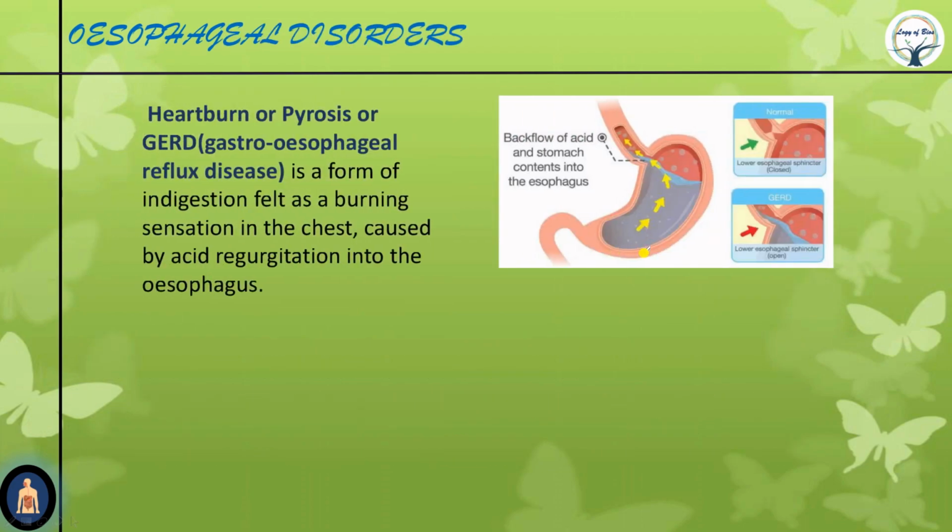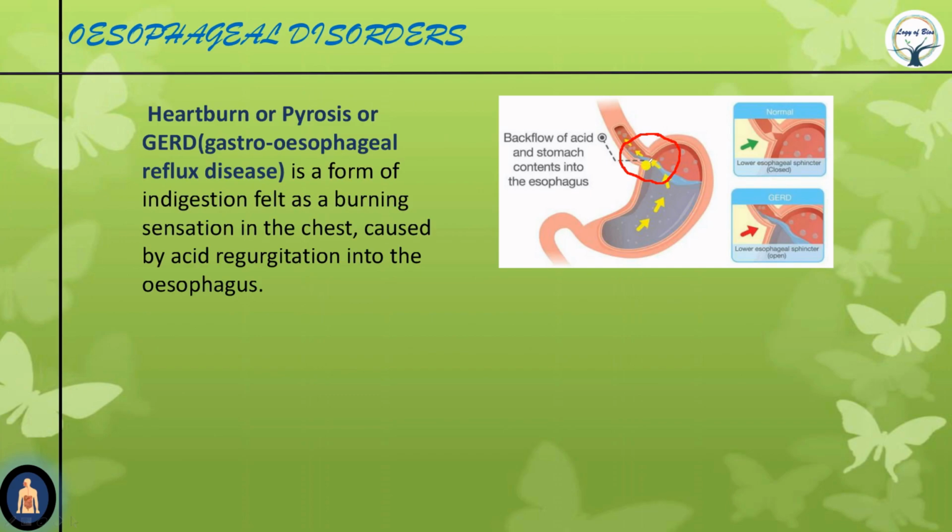Next, some esophageal disorders. The first one is heartburn or pyrosis or GERD, that is gastroesophageal reflux disease. It occurs when the lower esophageal sphincter, which is located near the heart, fails to contract.